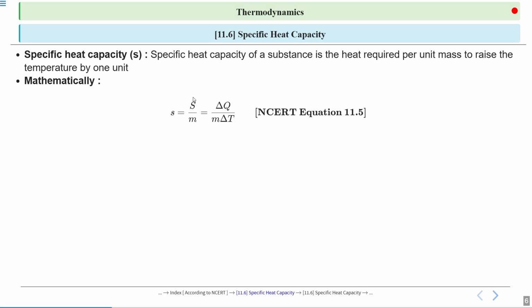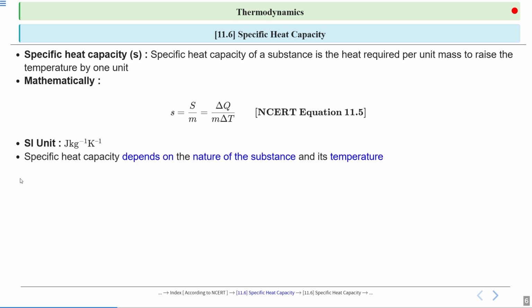And we know the value of capital S, that is delta Q divided by delta T. So specific heat capacity becomes delta Q divided by M into delta T. SI unit is joule per kg per Kelvin, because in the numerator there is heat supplied, the unit is joule, and in the denominator, mass, the unit is kg, so it will be per kg, and for temperature, per Kelvin.